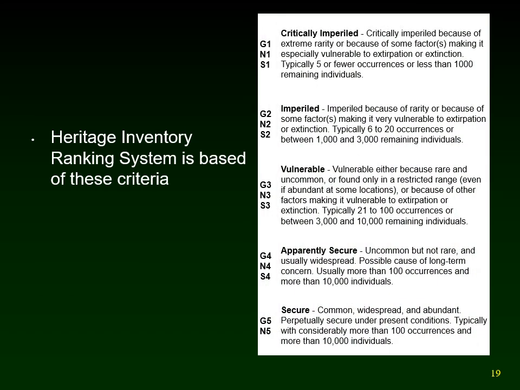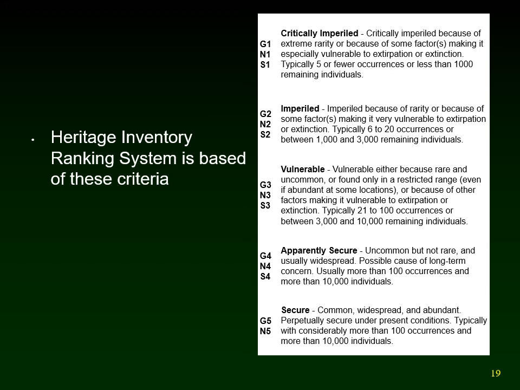In the United States, this sort of classification of species and of ecosystems, of communities, has been done in every state, and we call it the Heritage Inventory System. This was originally set up by the Nature Conservancy, which was set up by a group of ecologists, and they wanted to find out where the most vulnerable species were, so they needed some sort of ranking system.